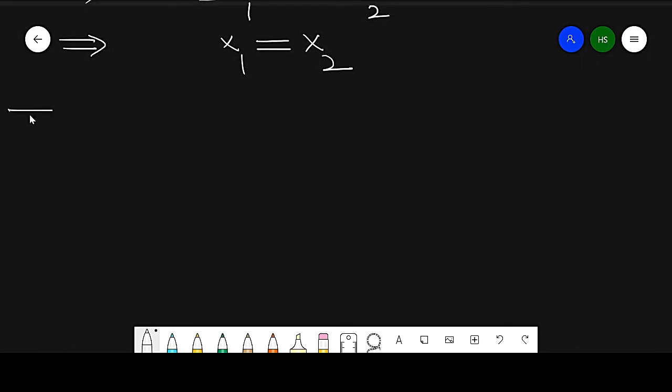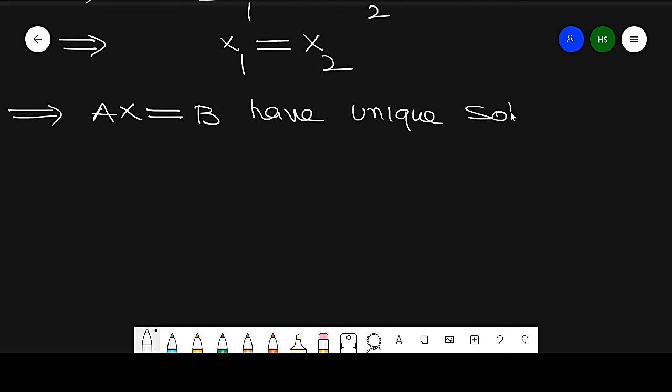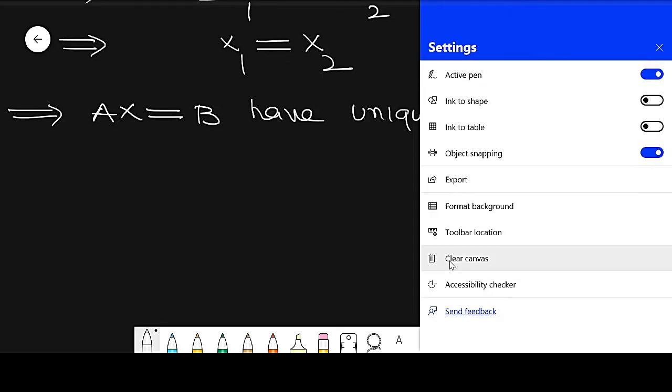So it implies Ax equal to B has a unique solution. In this way we can find the uniqueness of the solution of the given system of equations.